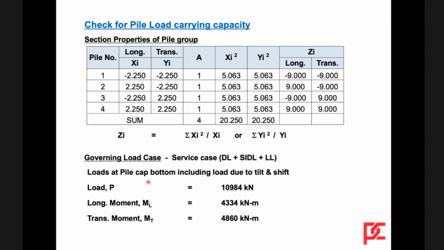Loads at the pile cap bottom, including the load due to tilt and shift. Actually, even for the piles, small tilt is also considered. Those moments are also included in this. And then we get a vertical load of 10,984, ML of 4,334, MT of 4,860.